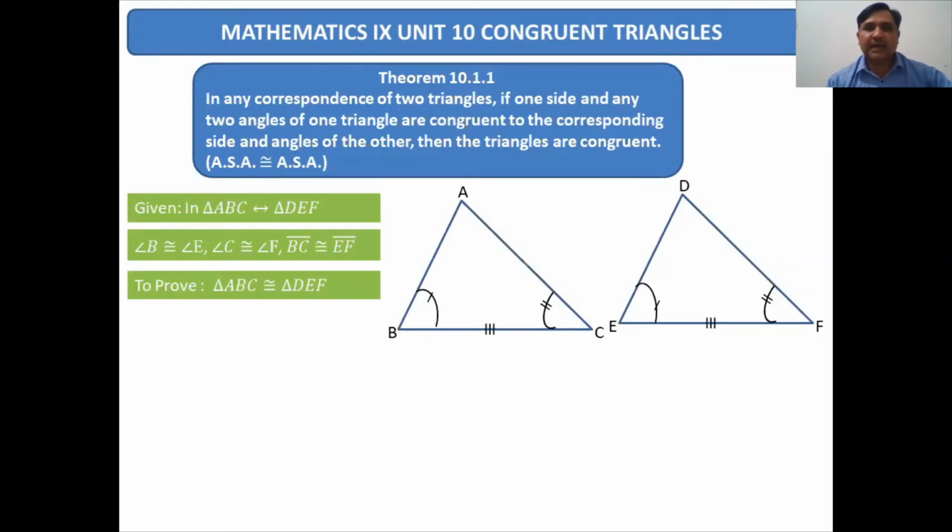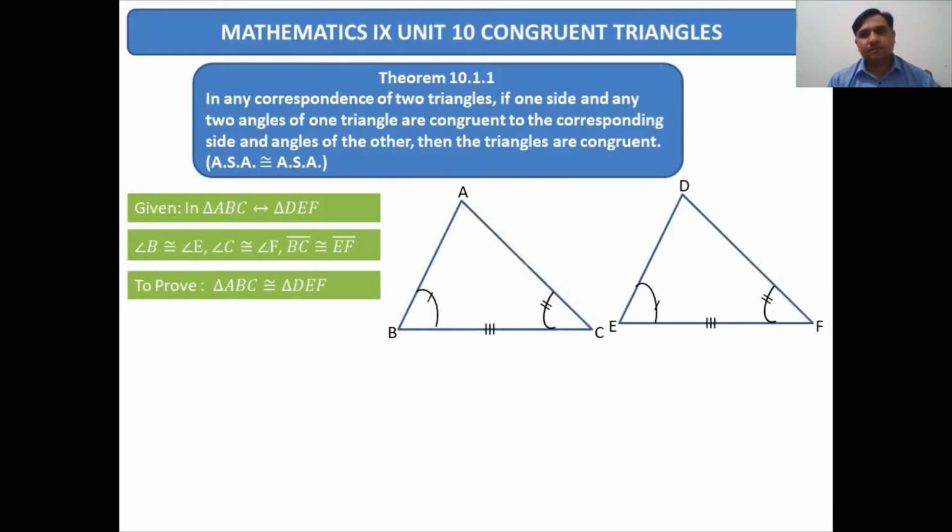That means triangle ABC is congruent to triangle DEF. So now we have to prove this theorem. You can see that 3 parts are equal. Now we have to prove that these triangles are congruent.